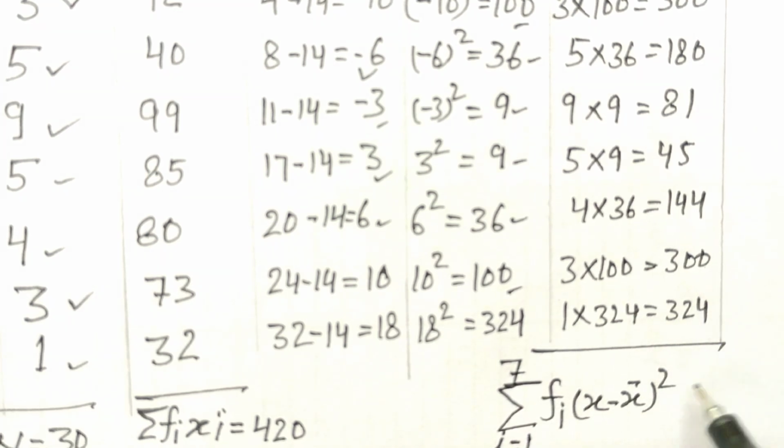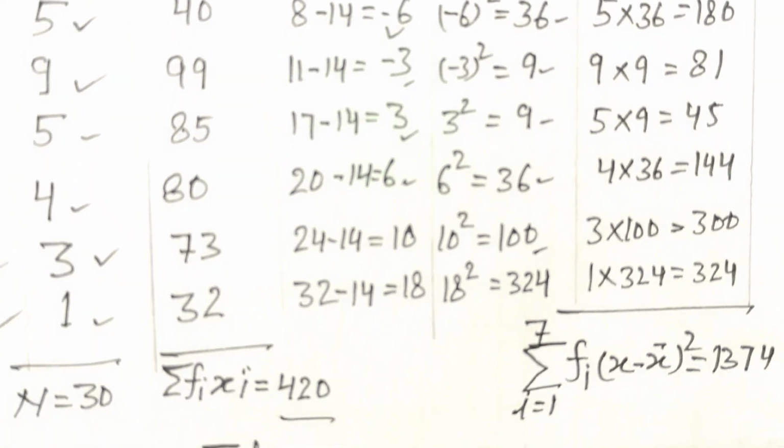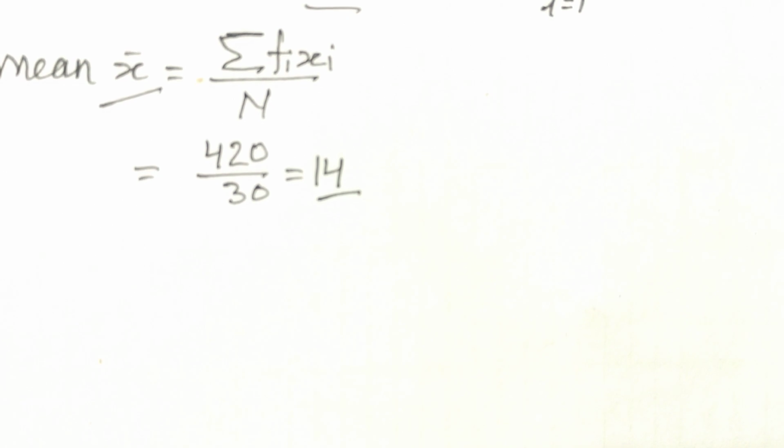So this sum is 1374. Now we will determine variance and standard deviation.